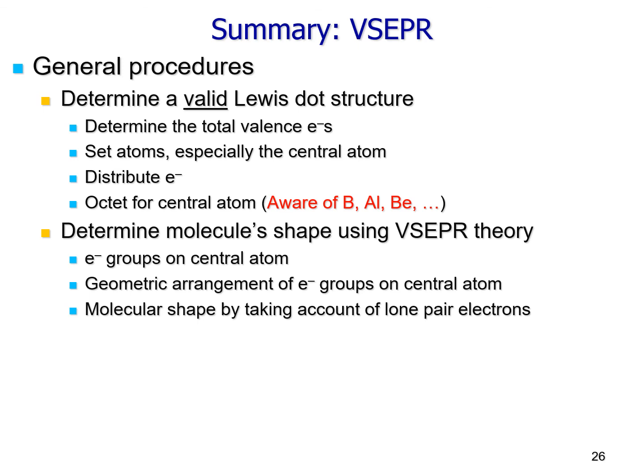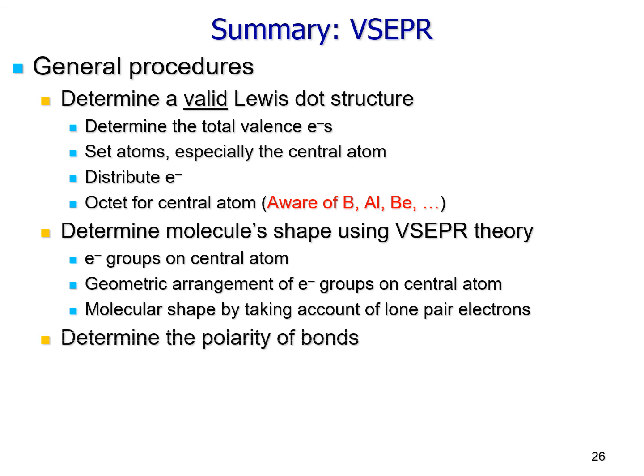We count the number of electron groups. We determine the geometric arrangement for electron groups, so that's another name for electron group arrangement. And we determine molecular shape by taking into account the lone pair electrons. Once we determine the molecular shape, we can determine whether the molecule is polar or not.